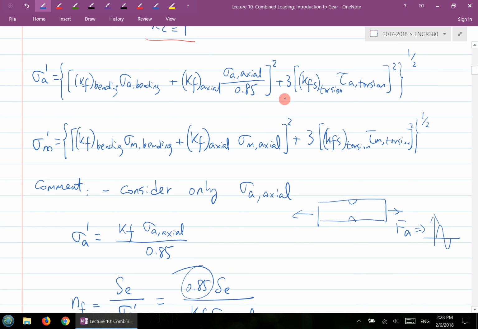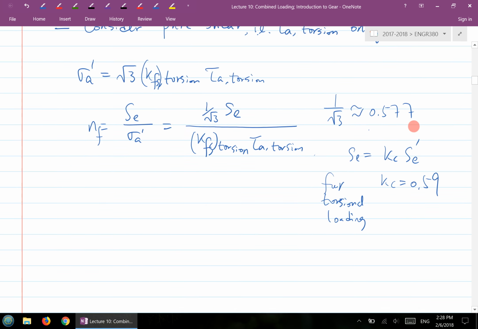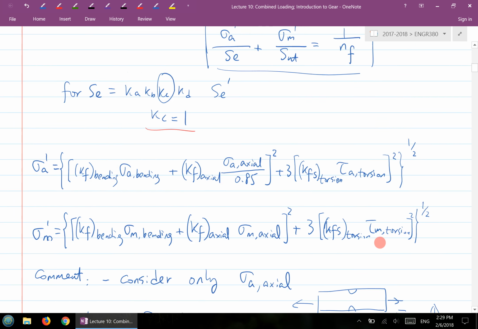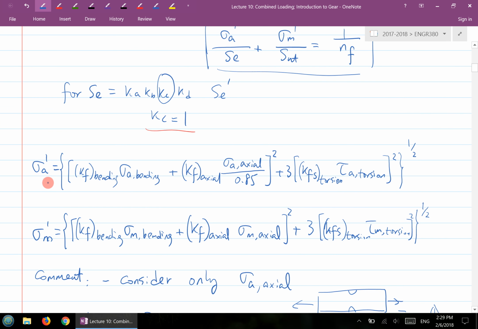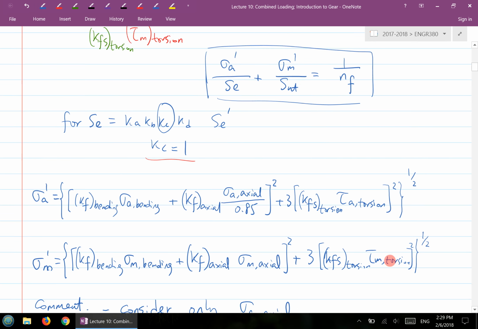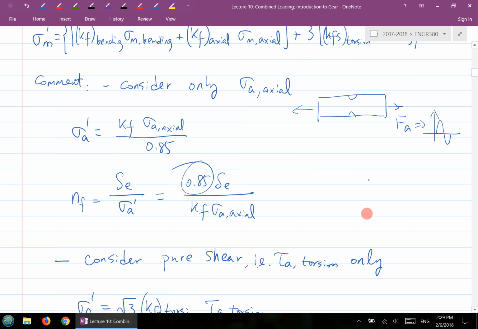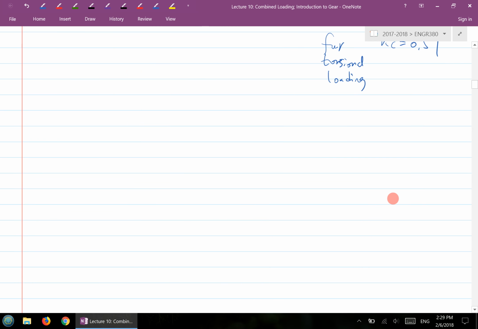So this gives you an idea how these numbers conform with all the different parts of the theories, right? Okay. So these two formulas serve as the important part for combined loading. Calculate these two, substitute into the modified Goodman line or any other lines, and then you'll be able to calculate safety factor.